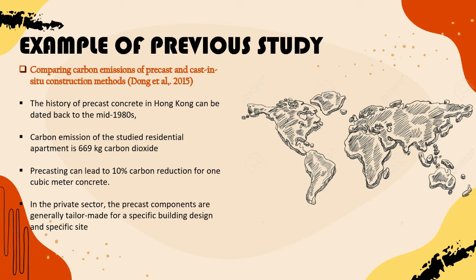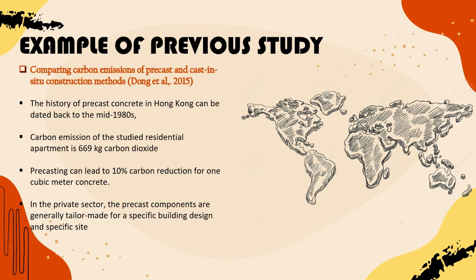In Hong Kong, public and private residential housing each hold about 50% of the population. In the private sector, the precast components are generally tailor-made for a specific building design and specific site. On the contrary, standardization across building projects is mostly adopted in public housing projects.